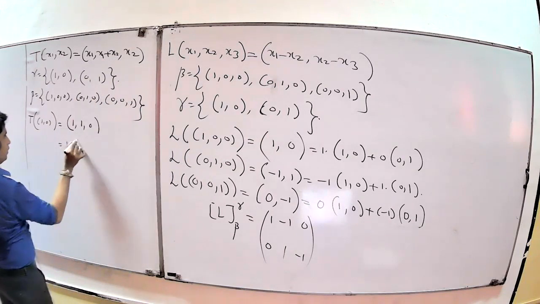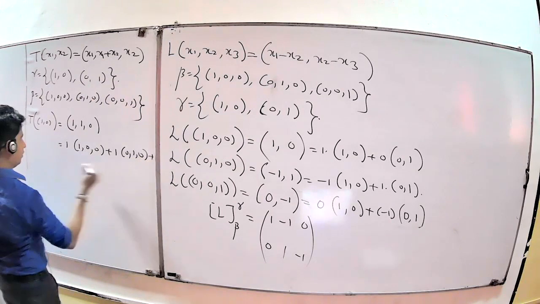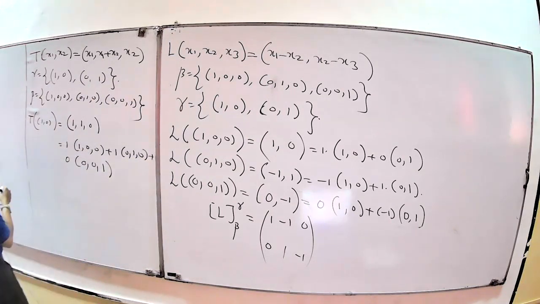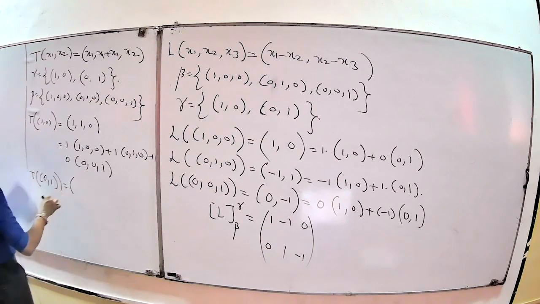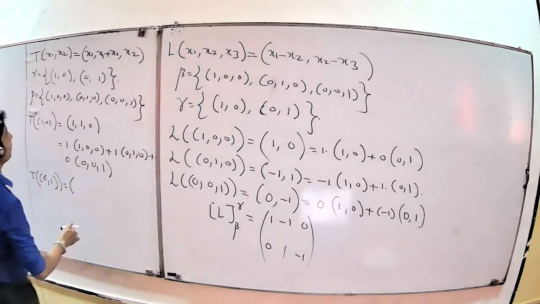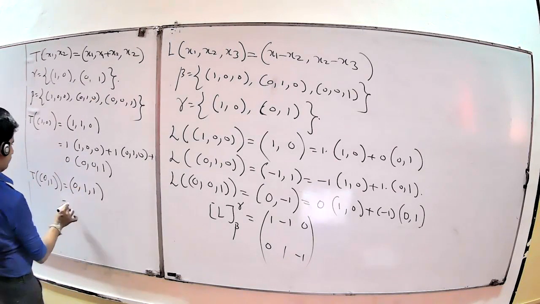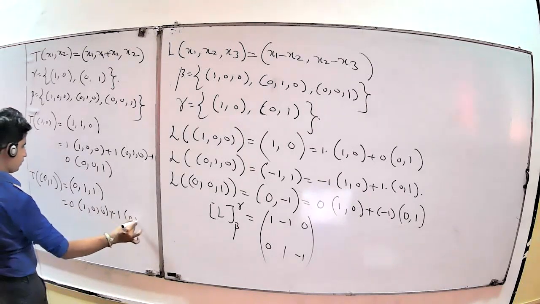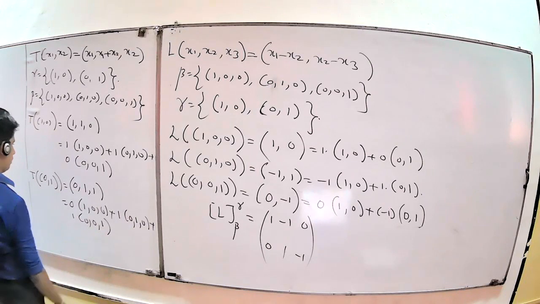This one you can write as 1 times 1, 0, 0, plus 1 times 0, 1, 0, plus 0 times 0, 0, 1. T of 0, 1 gives 0, 1, 1, which is 0 times 1, 0, 0, plus 1 times 0, 1, 0, plus 1 times 0, 0, 1.